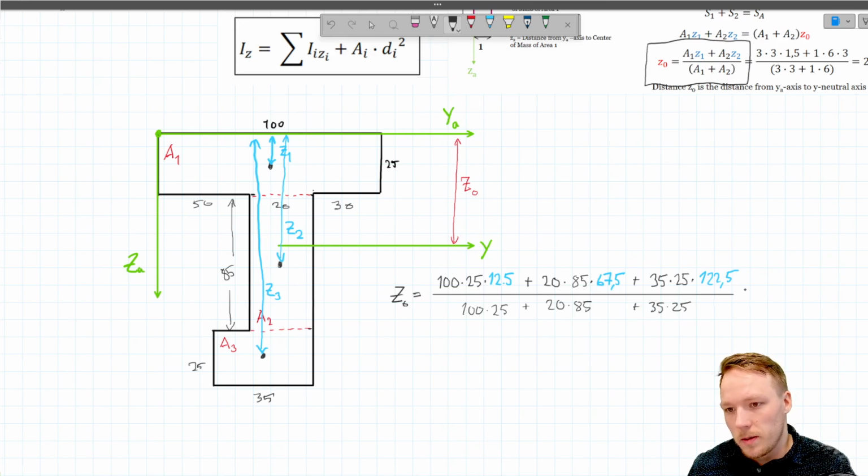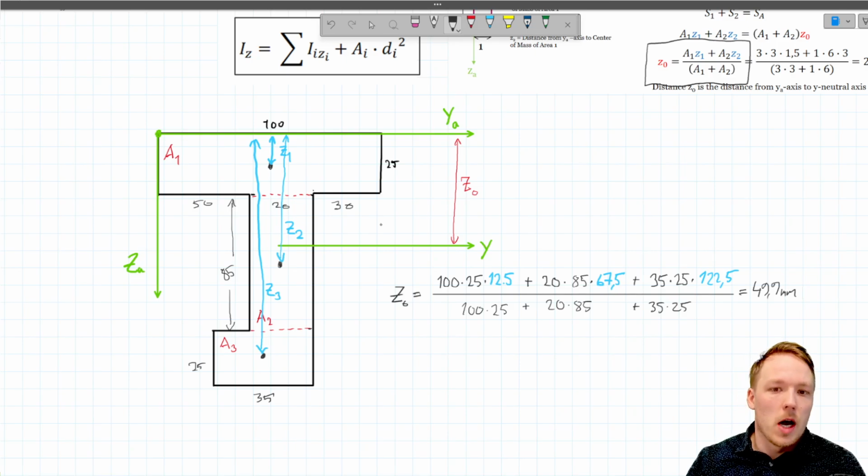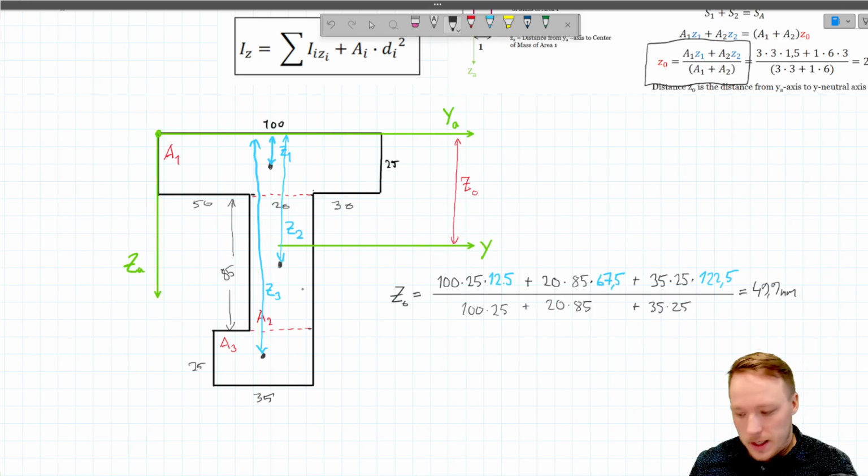And the result will be 49.9 millimeters. Like so. So now we have located where the y-axis of this profile is.